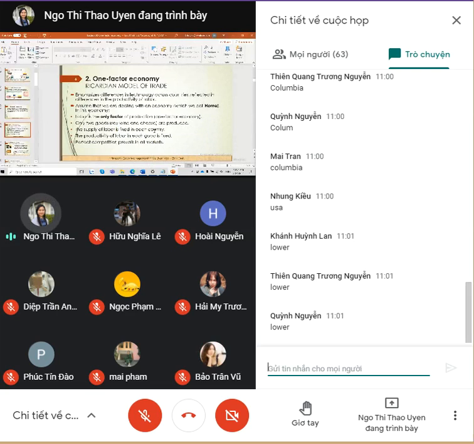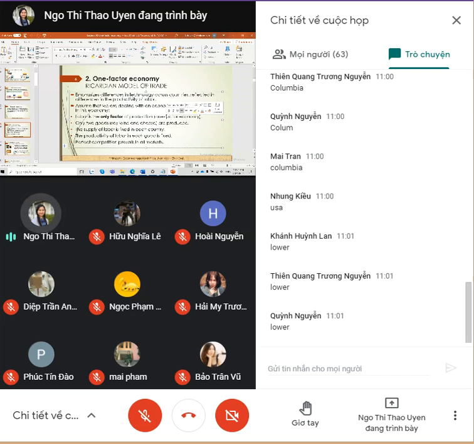In the Ricardian model, he emphasized the differences in technology reflected in the differences in productivity of labor. See, he mentioned only productivity of labor because in his model, he assumes that labor is the only factor of production. That's why we call that a one factor economy.